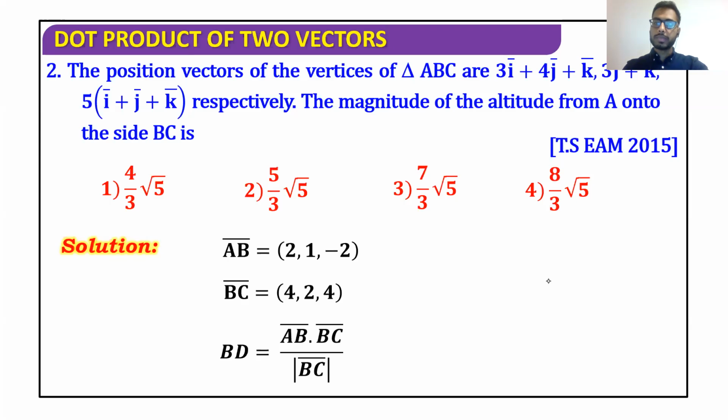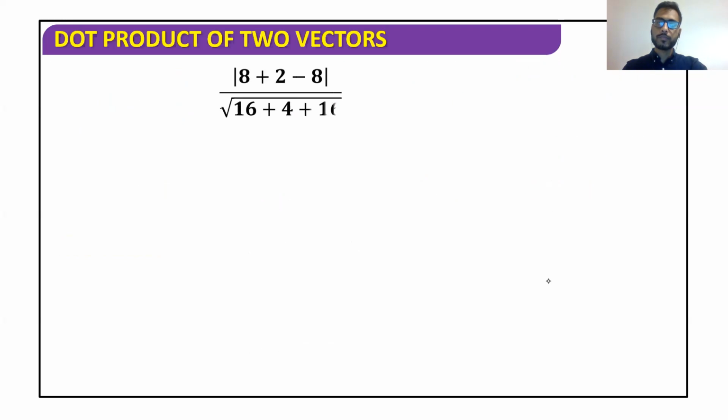From A, I am drawing a perpendicular onto side BC. That perpendicular is meeting at point D. Therefore, my first vector is going to be AB bar, and the side onto which I am drawing the projection is going to be in the denominator. That's BC bar. Therefore, I can say that BD is nothing but AB dot BC upon magnitude of BC. Just simplify the values, we get the answer.